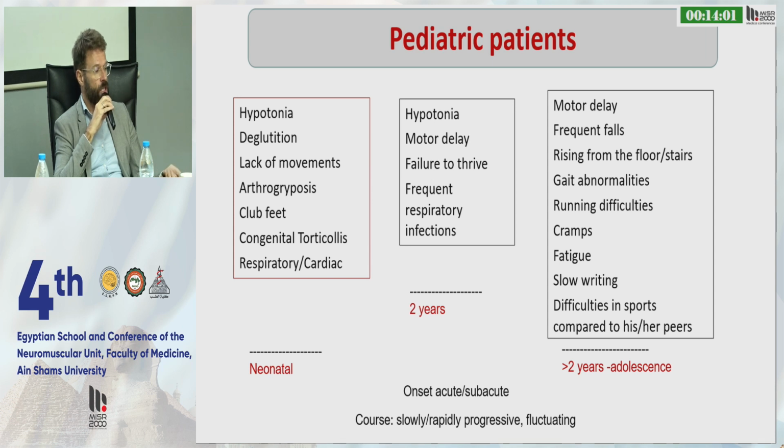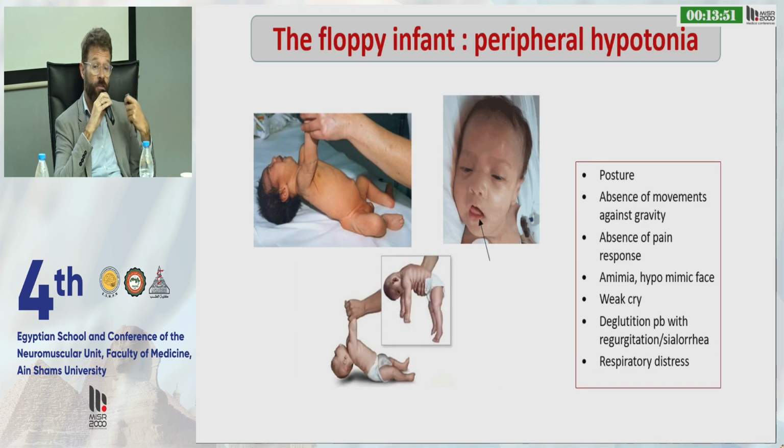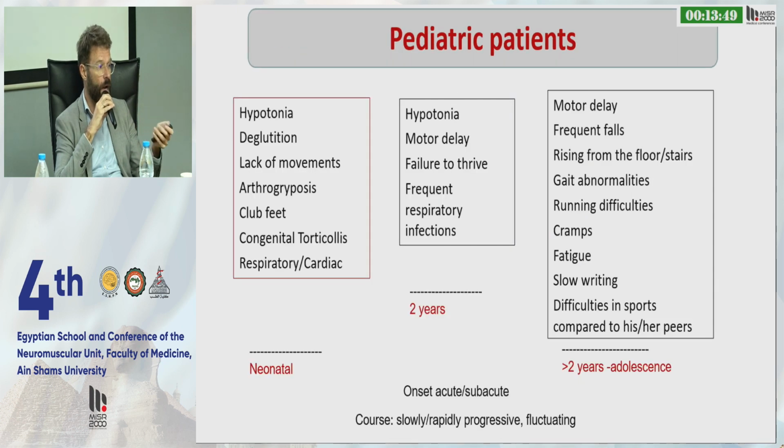In patients above 2 years and adolescents, we suppose that the patient can walk, okay, and sometimes one of the first signs appreciated by the parents is that the patient falls frequently.